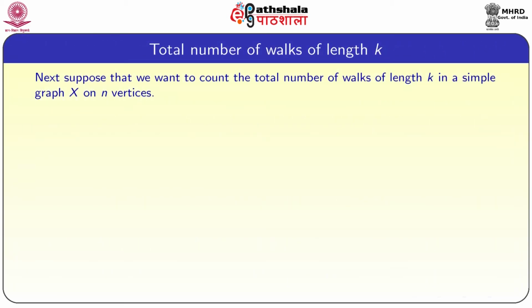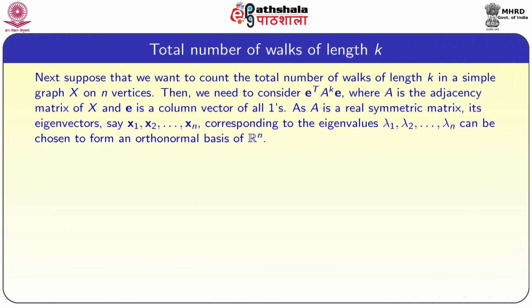Now, we will count the total number of walks of length k. Suppose that we want to count the total number of walks of length k in a simple graph X on n vertices. Then we need to consider e transpose A^k e, where A is the adjacency matrix of X and e is a column vector of all ones.